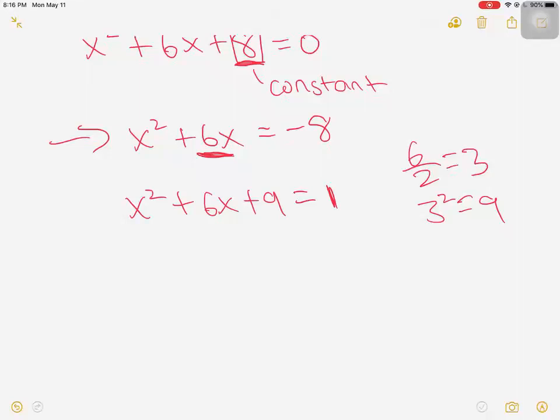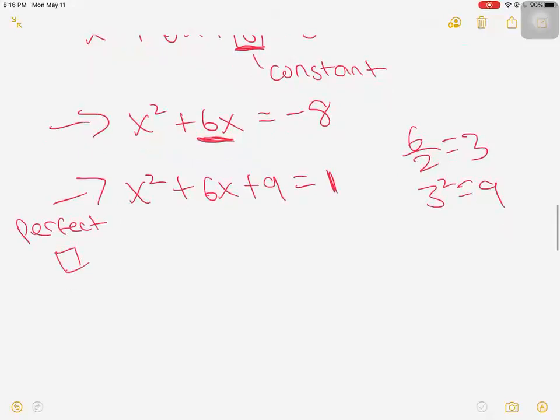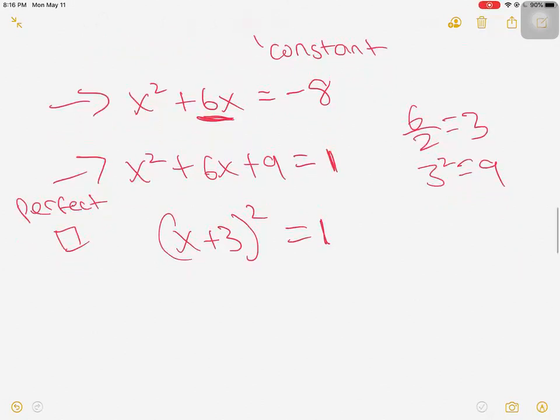And now we have a perfect square on our left-hand side. That means we can rewrite it as x plus 3 in parentheses squared equals 1. Now this equation becomes easier to solve, since we can just take the square root of both sides and get rid of this square.